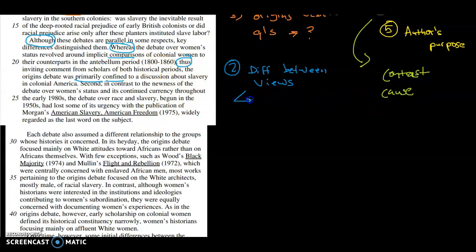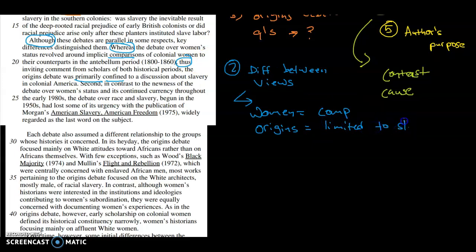Basically, it looks like the women's debate is about comparison. So I'm going to put women equals comparisons, whereas the origins is the opposite of this. We're not comparing stuff; it's confined to just slavery, limited to slavery.